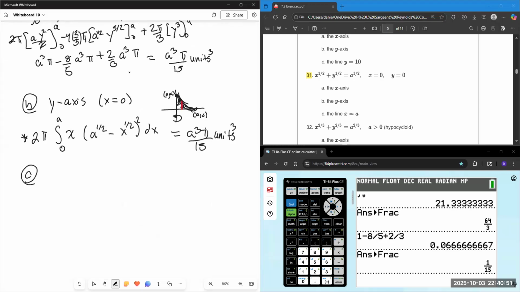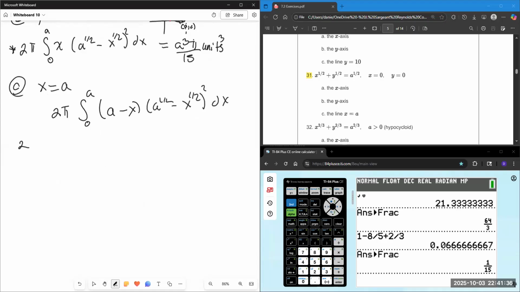Part C, let's look at the picture here. We want the line x is equal to a. So now I'm going to revolve around the line x is equal to a. And that's going to give me 2 pi, interval 0 to a on x, and our distance from our axis of rotation is a minus x, and then we have the same function a to the 1/2 minus x to the 1/2 squared dx.